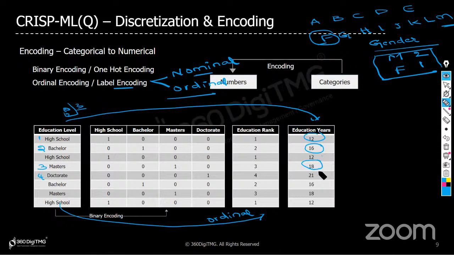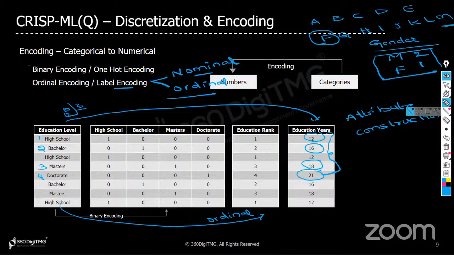And when we add 3 more years, we will complete our doctorate. This is how we understand the data and give these values according to this education level column. So based on the data which is already present, we are creating a new attribute. This is called attribute construction.